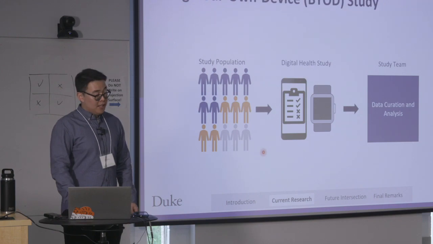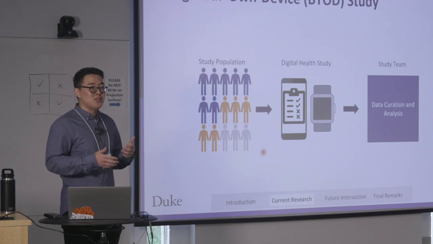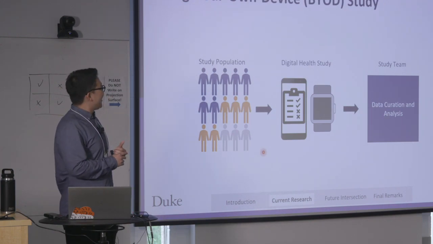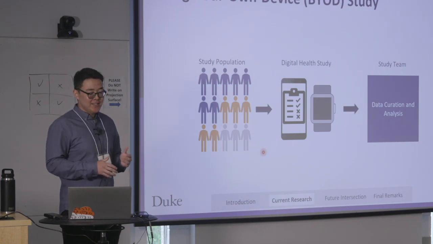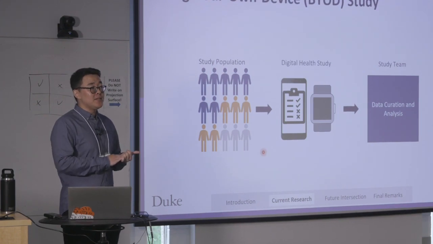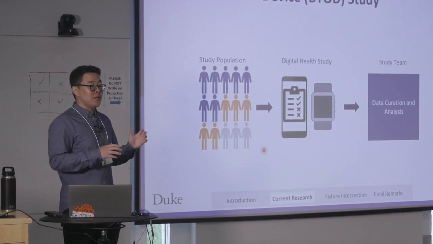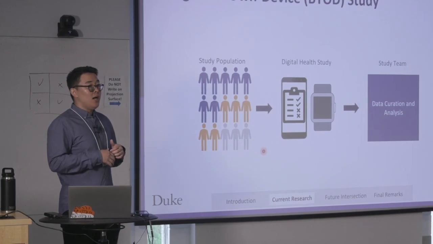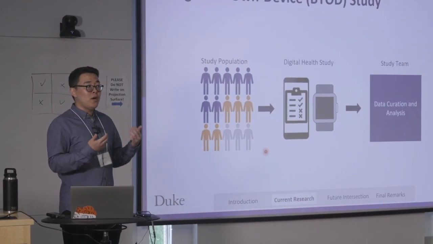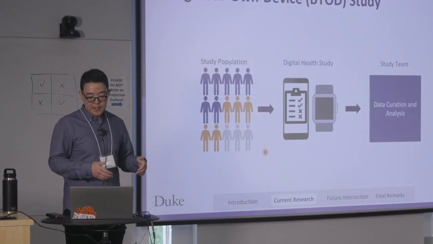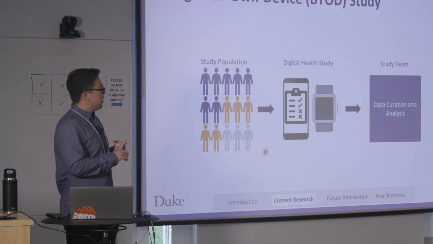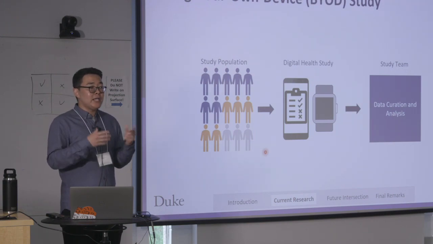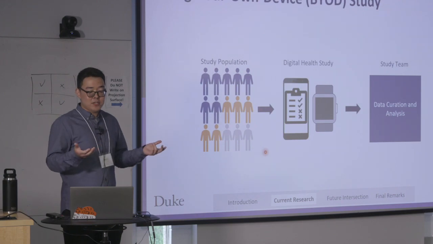I know I'm introducing a lot of different terminology, but one common study design practice in our field is the bring your own device study. This has been very popular amongst research groups, including our own, where researchers request participants to provide their digital health data. This is very beneficial as you're not limited by budget, and you're able to sample from any population that you want as long as you get your advertisement out.